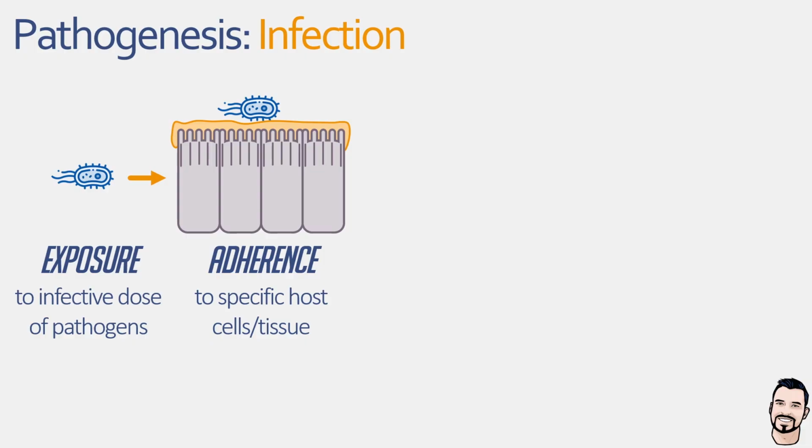And this adherence is often highly specific, involving microbial surface structures known as adhesins binding to specific receptors on host cells. And it's these types of interactions that help explain why certain pathogens infect specific tissues or organs, a concept known as tissue tropism.